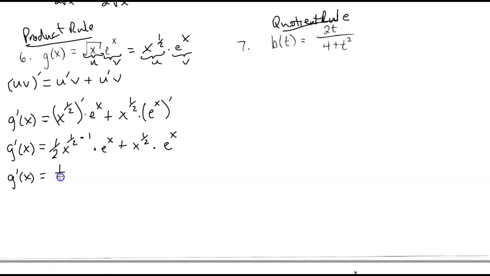So we remember last time that this was the same as 1/2 x raised to the negative 1/2 times e to the x. And this is x raised to the 1/2 times e to the x. And so technically we're done here, but again, we were given this in root form, so I want to get it back in root form.